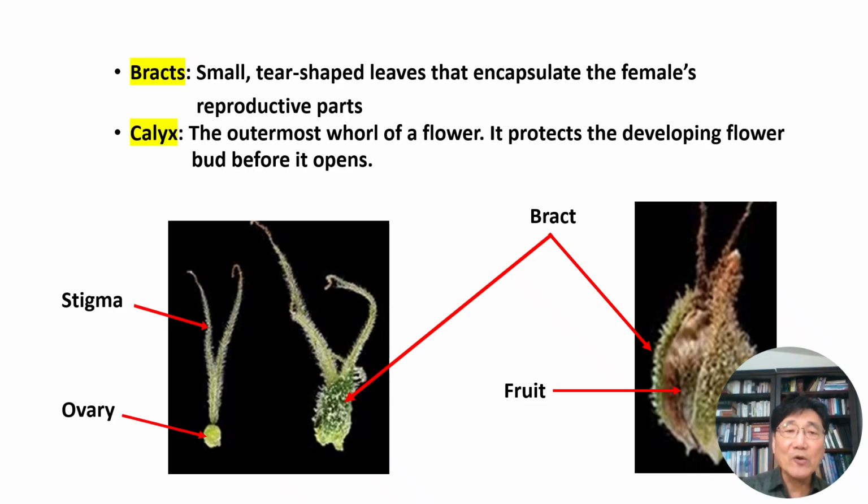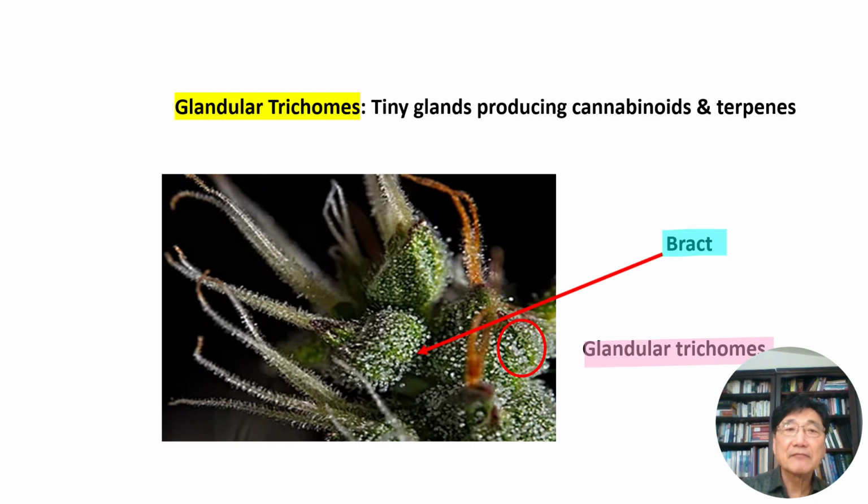Each bract encloses a single ovary, and after pollination, the fruit develops inside it. Glandular trichomes are specialized microscopic hair-like structures that grow on the surface of cannabis plants. We will discuss this structure in more detail in the next lecture.